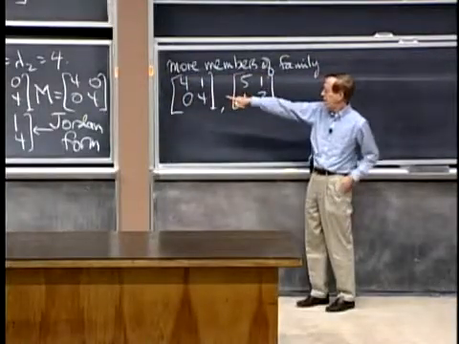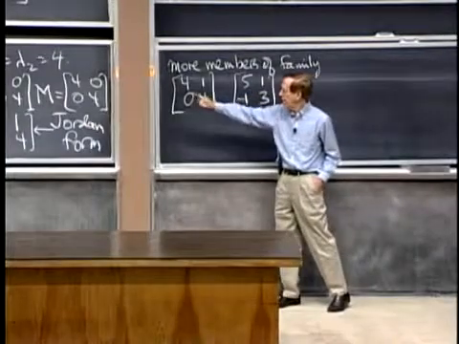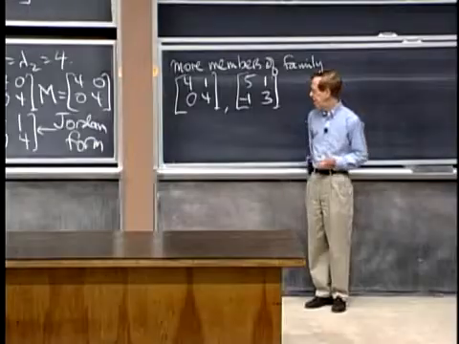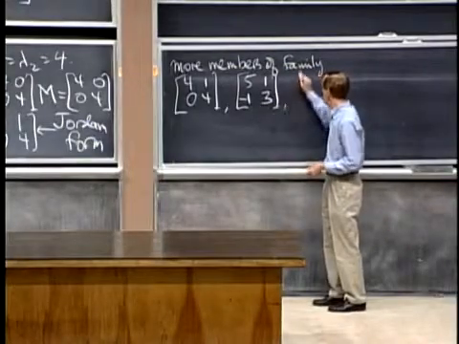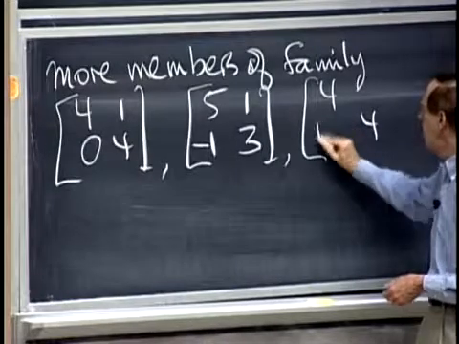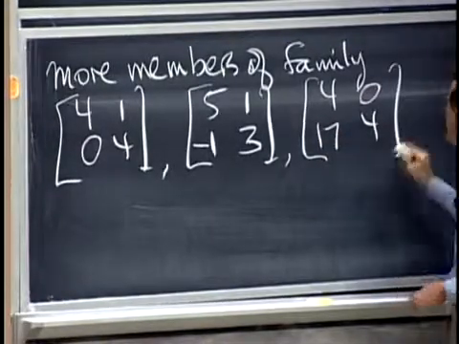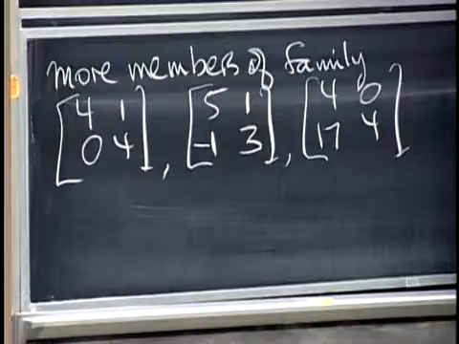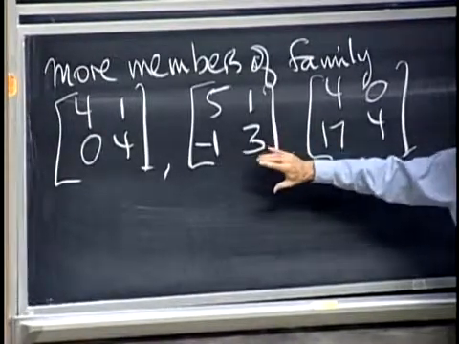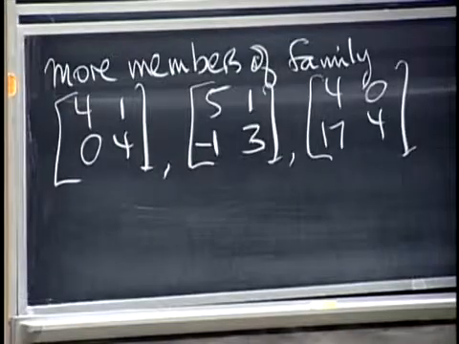But I can't get to that form because whatever I do with any M inverse and M, I stay with that form. I could never connect those. So I can put down more members. Here's another easy one. I could put the 4 and the 4 and a 17 down there. All these matrices are similar, if I could find an M that would show that that one is similar to that one.